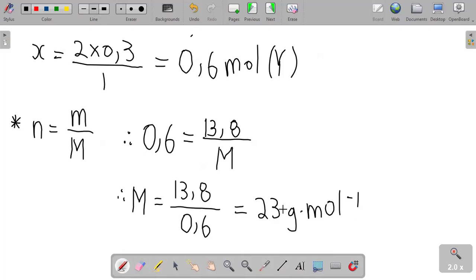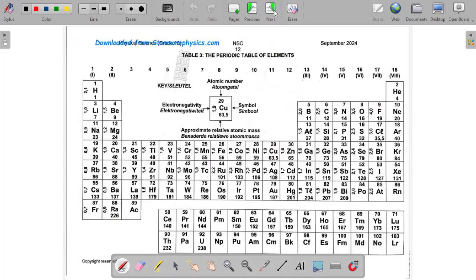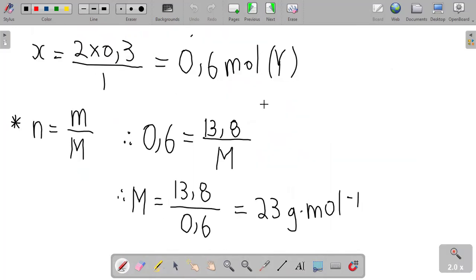So we must go to the periodic table and look for a molar mass of 23. It is here: sodium, Na.